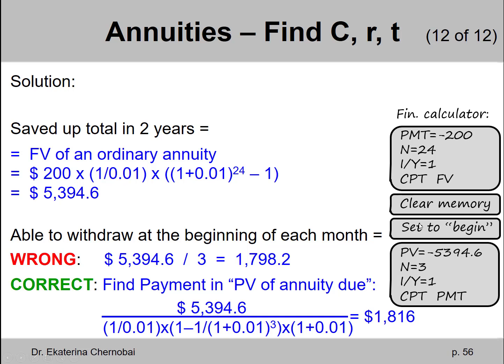The reason you need to set it to the begin mode is because the friends, while they're in Europe, will be withdrawing money at the beginning of each month. So in a way, there are 4 steps that you need to follow to solve this problem.